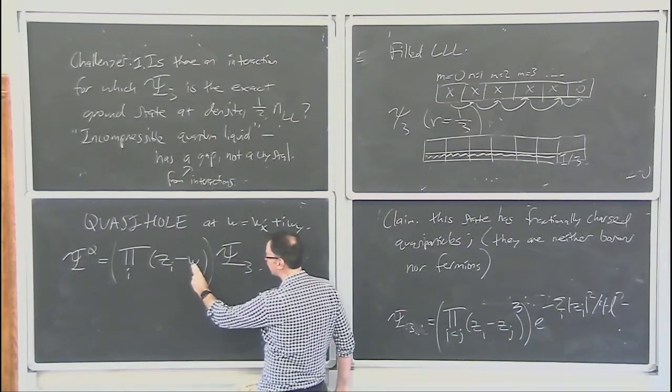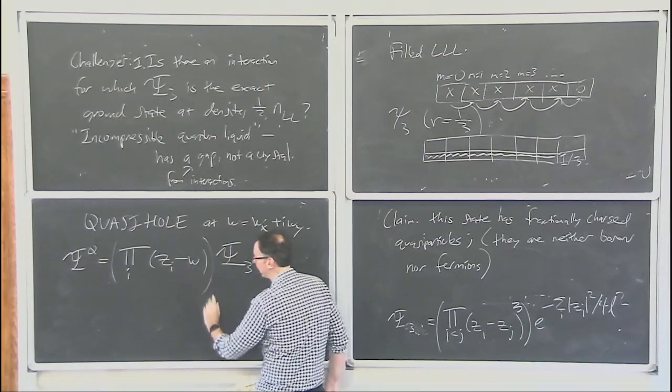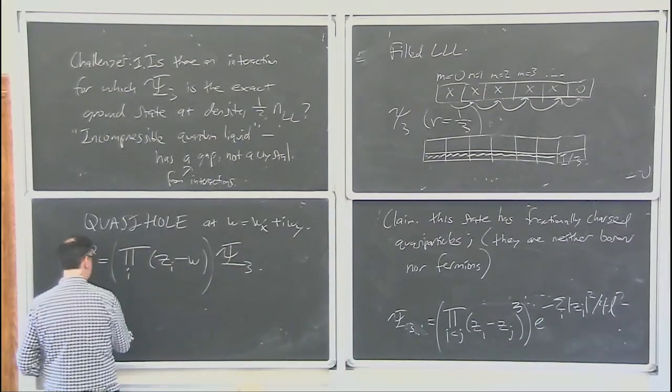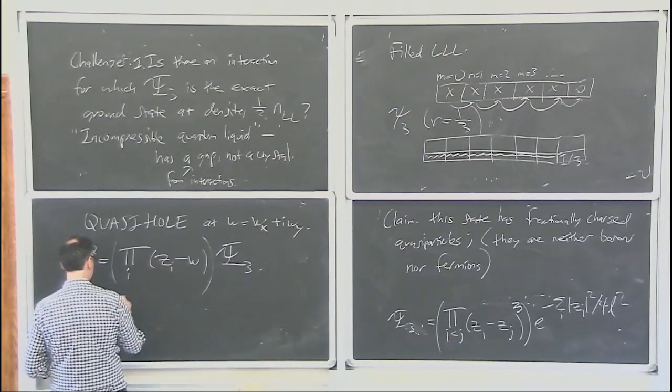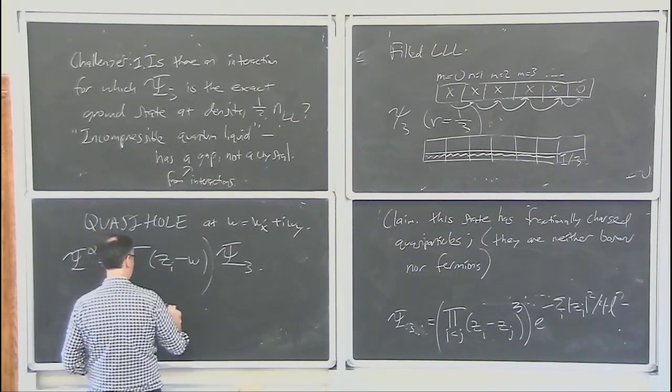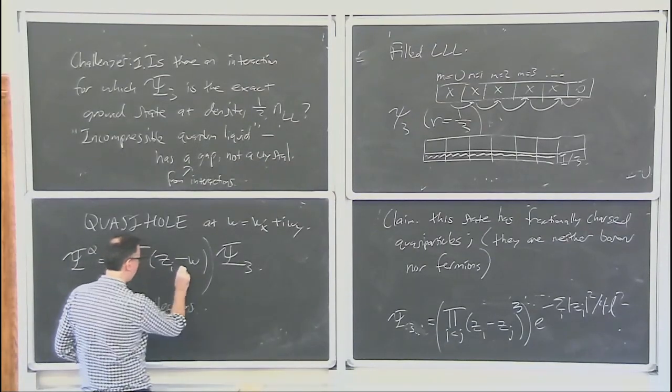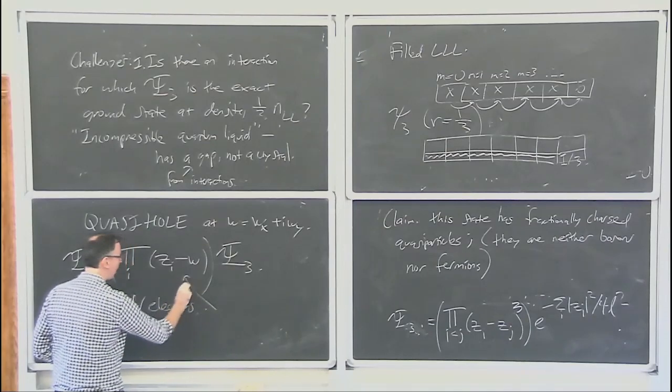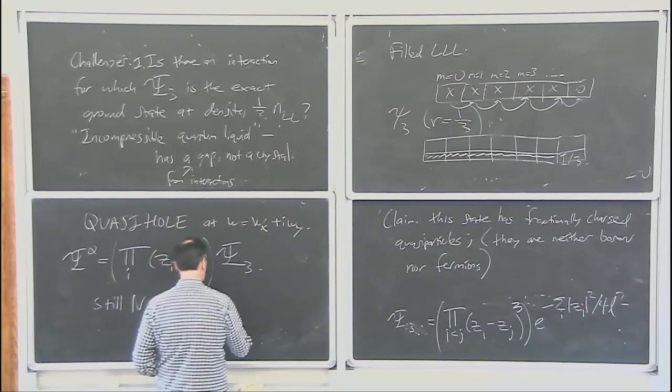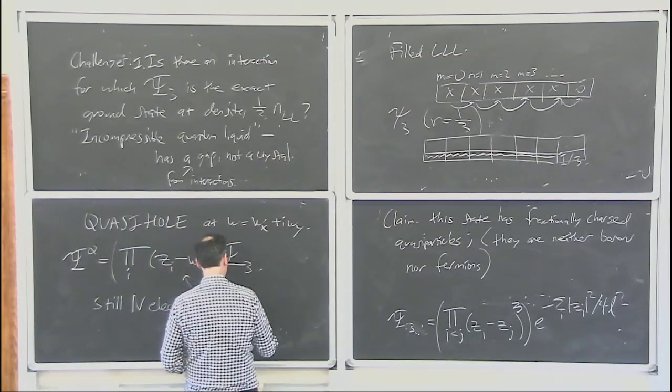What this is basically saying is that I'm not adding an electron. I still have n electrons. W is just some point in space. But this term has pushed the electrons away from W. That's why we call it a quasi-hole.